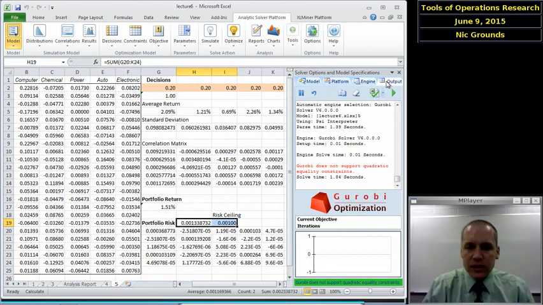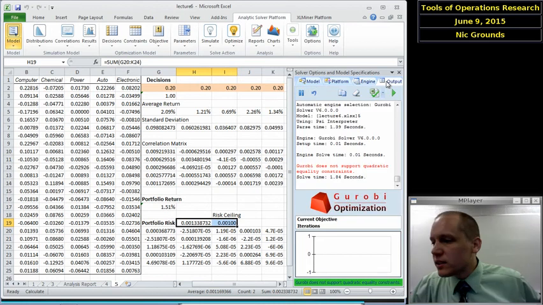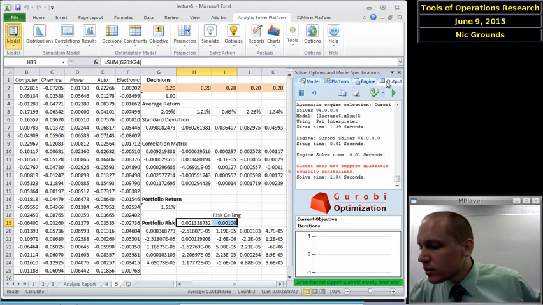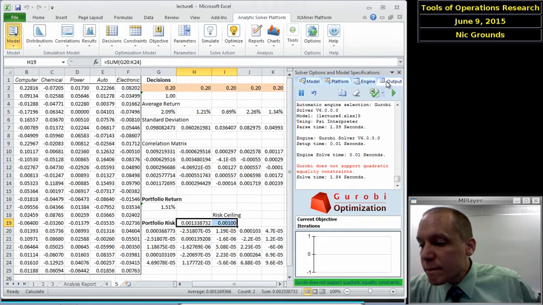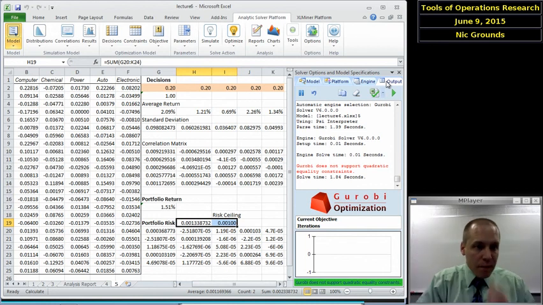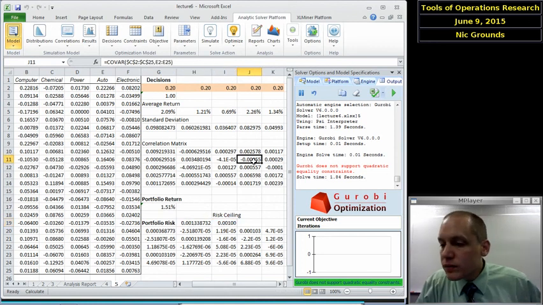And it does not support quadratic. Let's see what I did. Looks right.